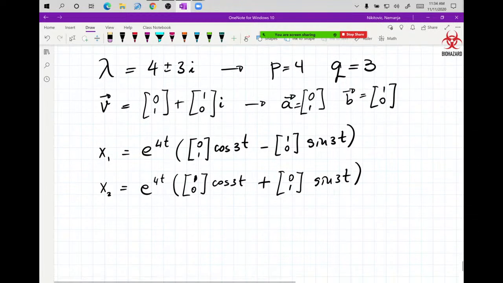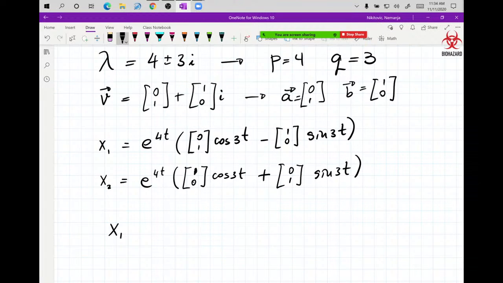So technically, your x1 is e to the 4t, and the only things that survive are negative sine 3t on top and a positive cosine 3t on the bottom. So this is all that survives.